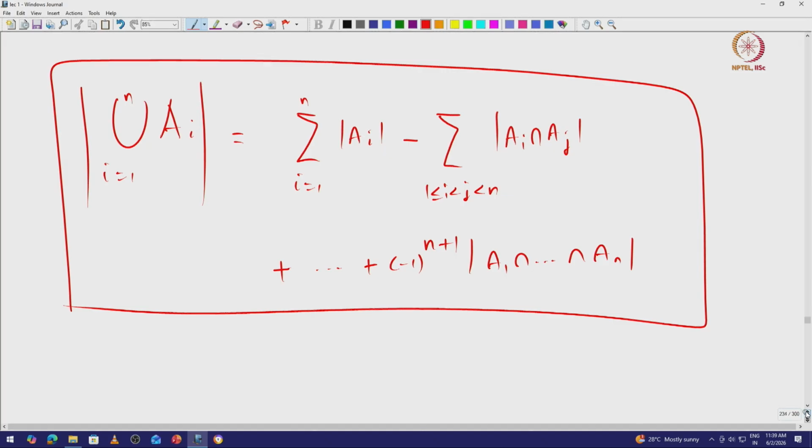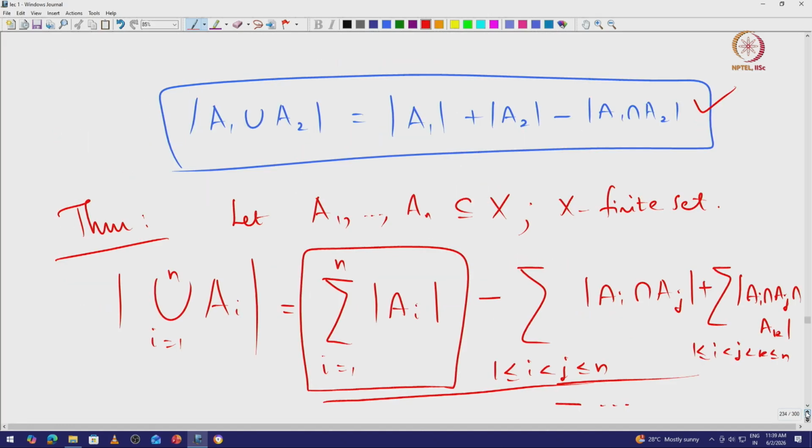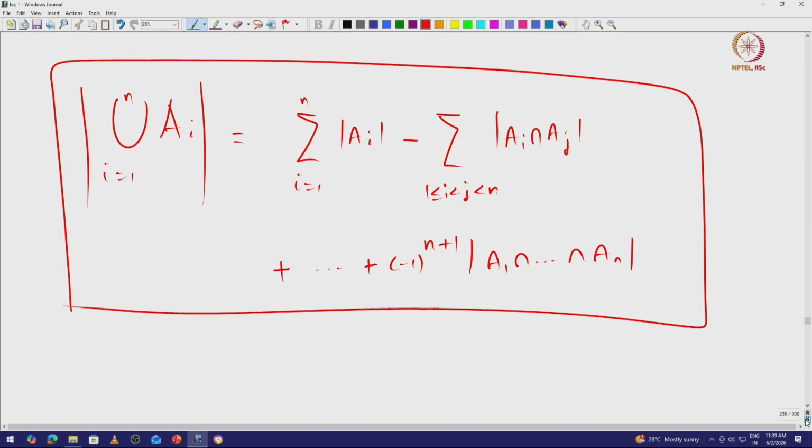We have already convinced ourselves that when we take a union of two sets, the cardinality of A1 union A2 is given by this equation: cardinality of A1 plus cardinality of A2 minus the cardinality of A1 intersection A2. So, now one can use this identity in order to prove the identity in general. For example, let me do the 3 case.